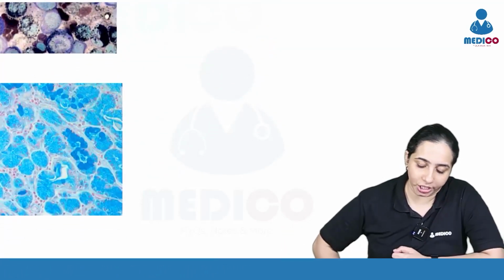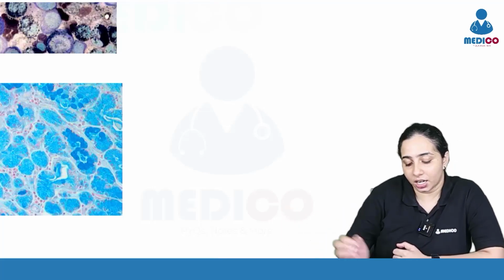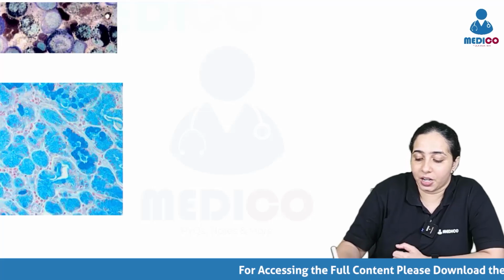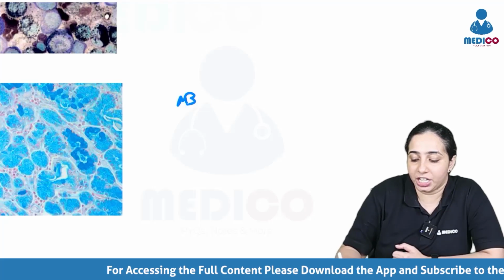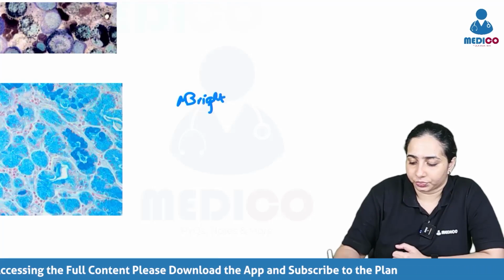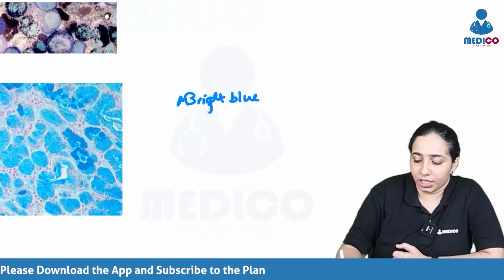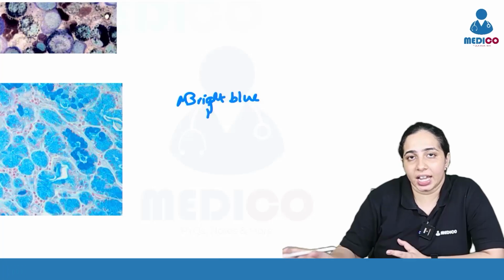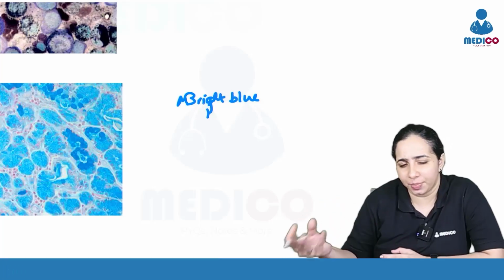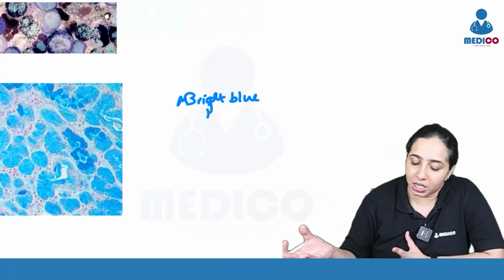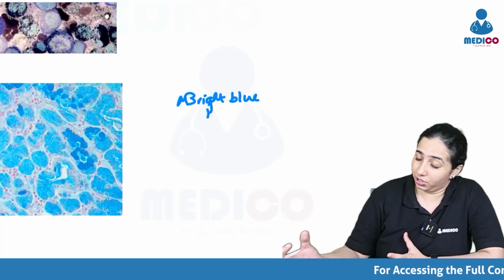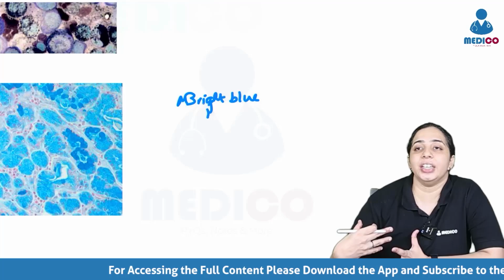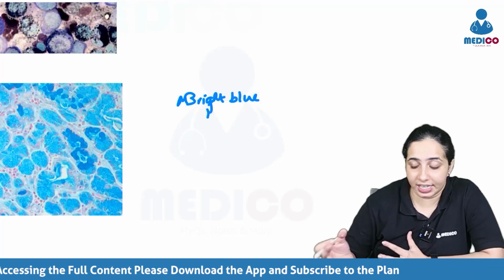Now here, what are you seeing? You are seeing cells which have taken up a very light or bright blue color. If it is a bright blue color, it can be many stains. It can be toluidine blue, it can be Alcian blue, or it can even be Luxol blue or anything like that.